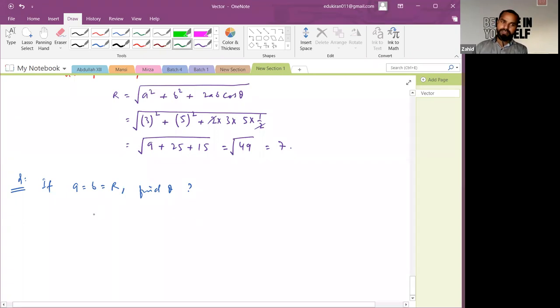Just put all the values in the above formula. R is equal to root under A square plus B square plus 2AB cos theta.